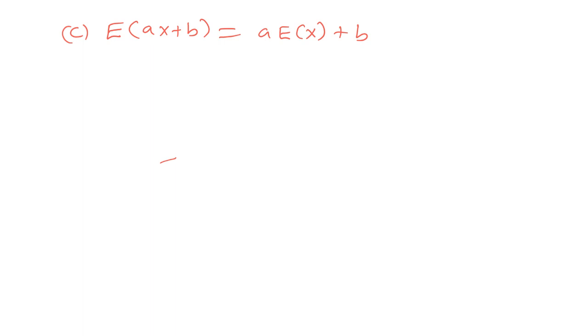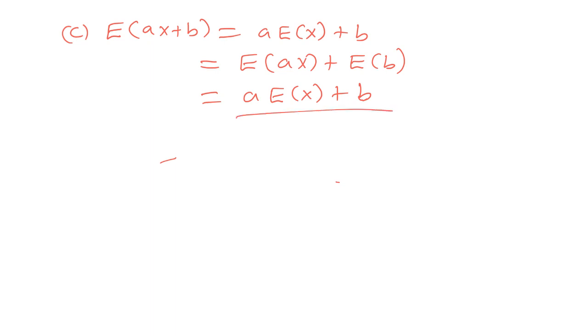We know that this is the same thing as E of AX plus E of B. And for E of AX, we have proved that this is A times E of X, plus B, because B is a constant, so E of B is equal to B.